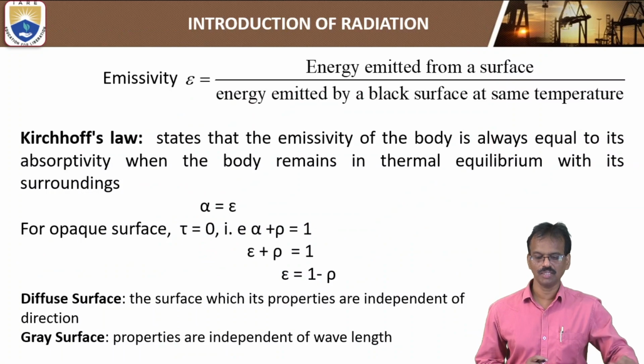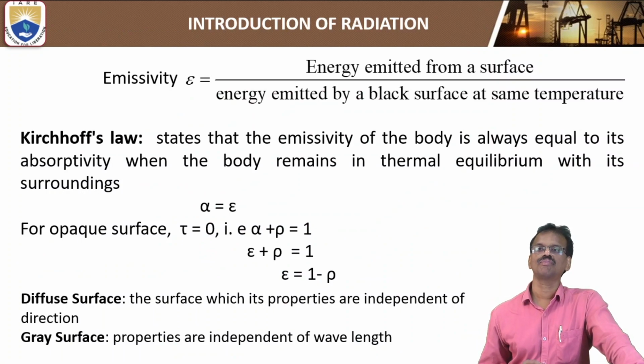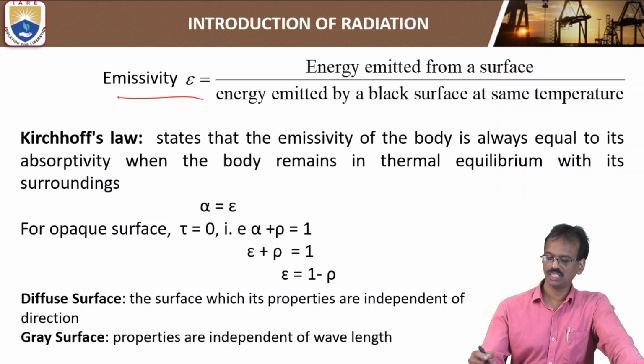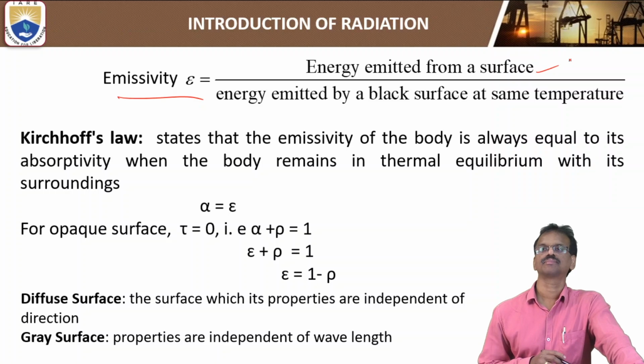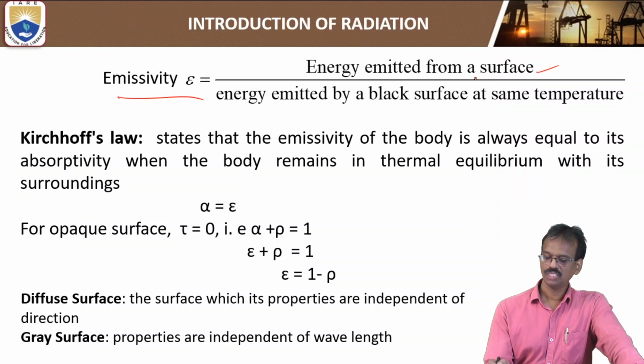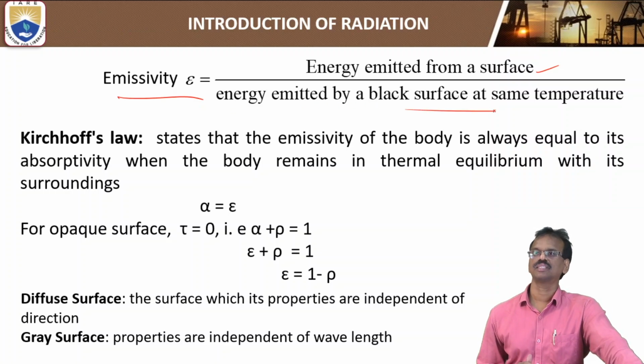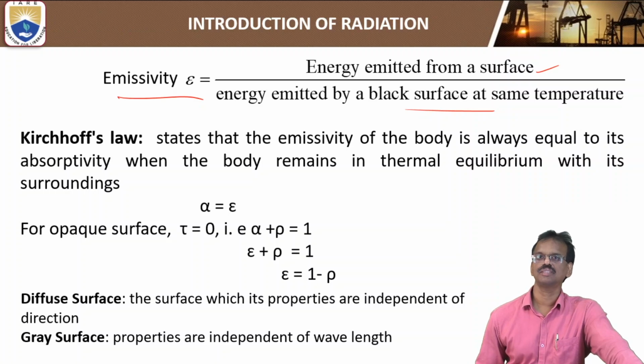Now let's see emissivity. What is emissivity? I already covered it in the previous class. Emissivity is equal to the energy emitted from a surface, that surface may be a gray surface or another surface, divided by the energy emitted by a black surface at the same temperature.